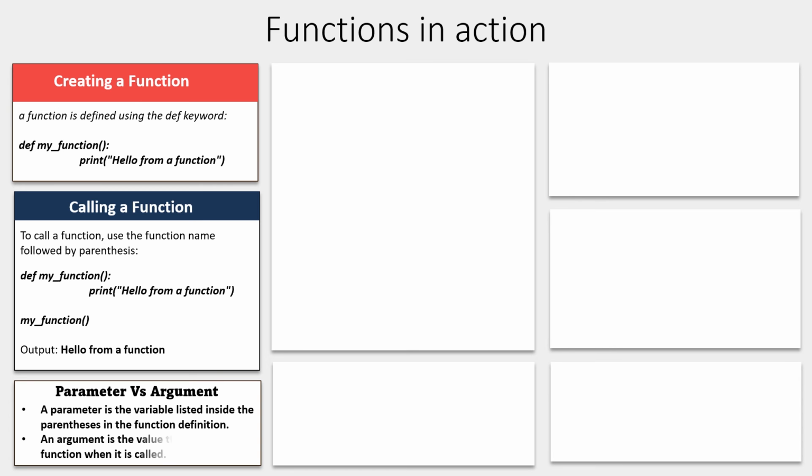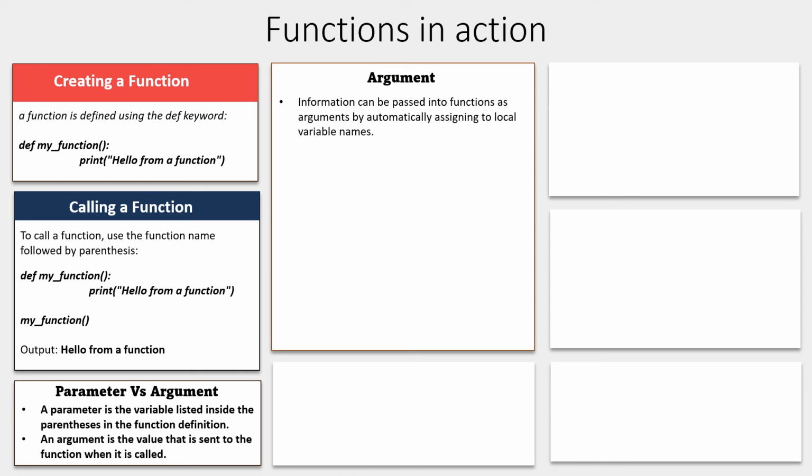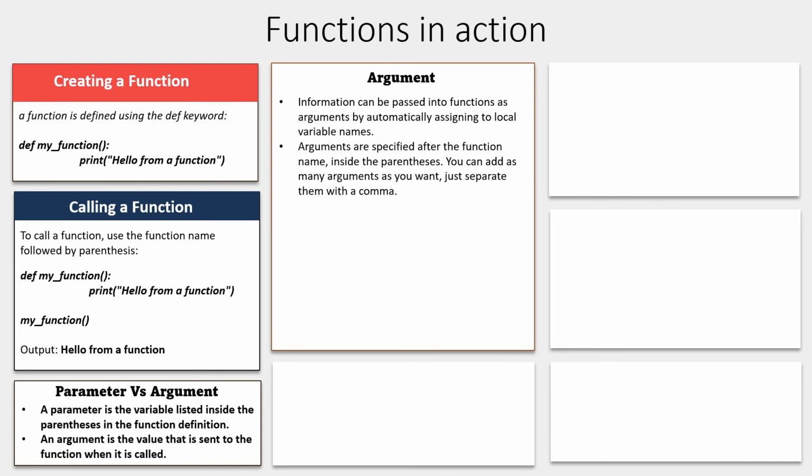So let us explore more about the arguments here. Information can be passed into functions as arguments by automatically assigning to local variable names. Arguments are specified after the function name inside the parenthesis.